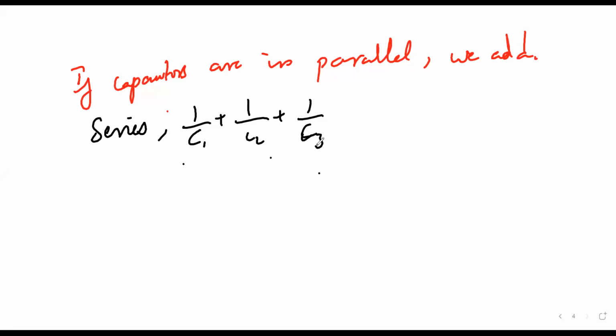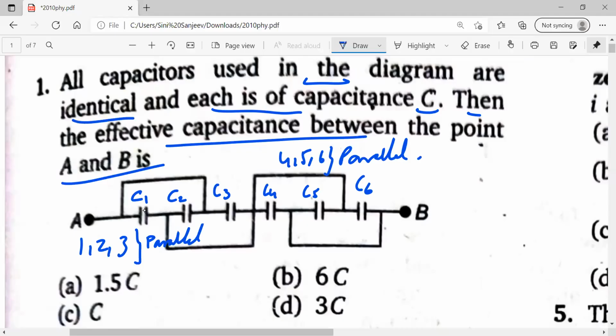So this is just nothing but in series and parallel. If I'm adding everything here, and they're telling that they're all identical, I can give this here as 3C, here also it's 3C. And if it is in series, what is the answer? 1 by 3C plus 1 by 3C. Correct?